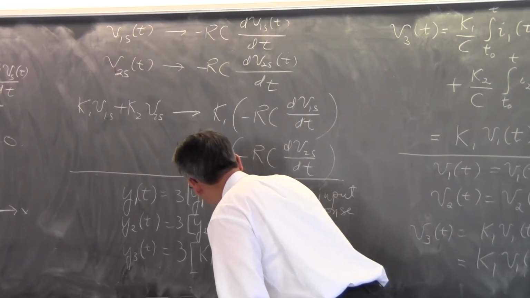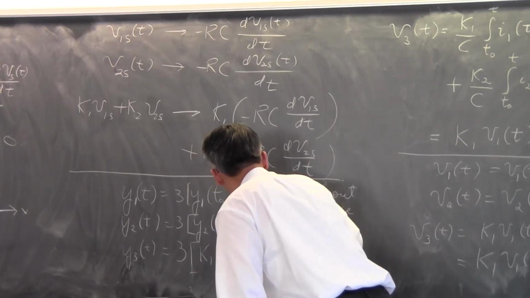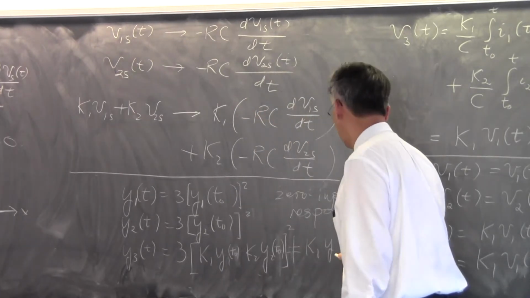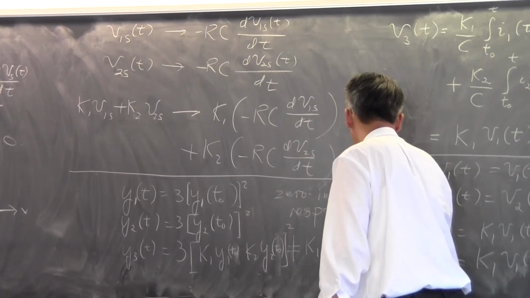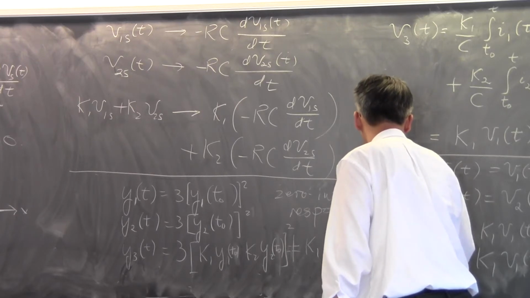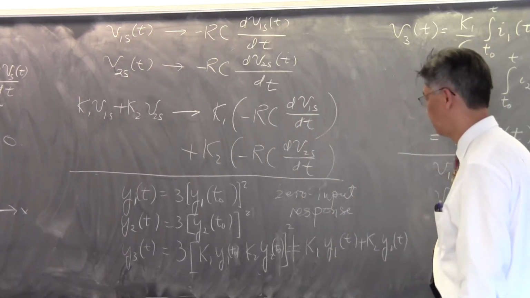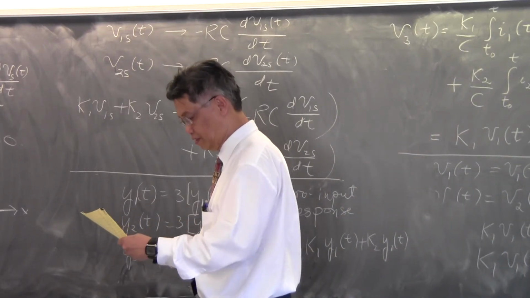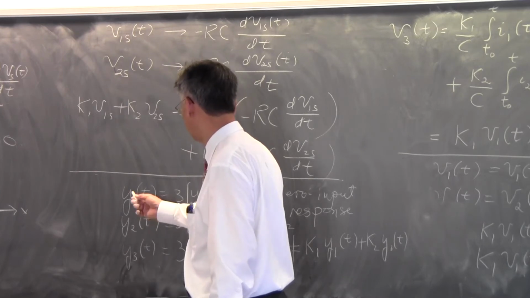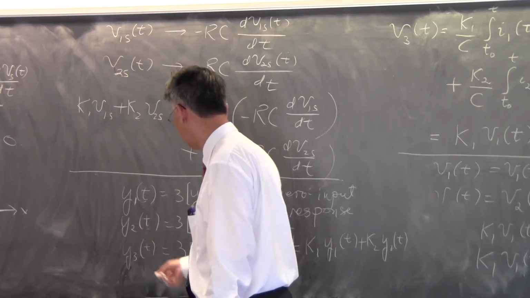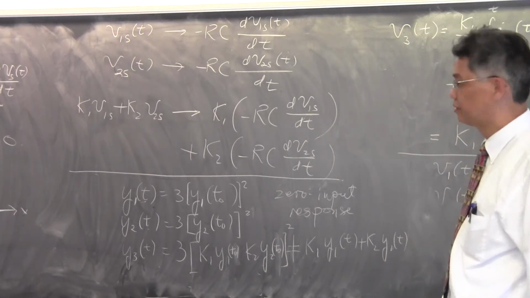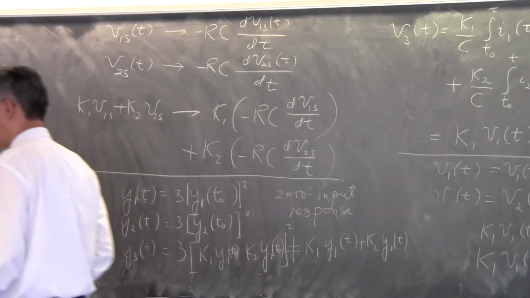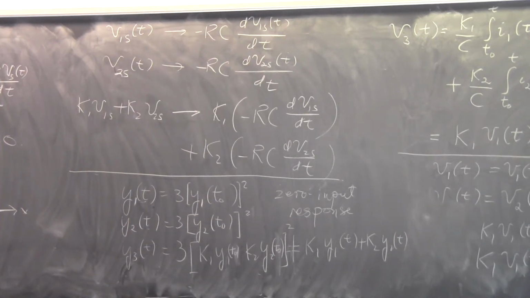To make things clearer, I should put this as t naught squared, and this is not equal to k1 y1 plus k2 y2. Okay, so linearity is not satisfied. This, in fact, is not a function of time, so I shouldn't write this as a function of time. These are actually constants. So if you look at this, this is not satisfied, and hence this does not satisfy the principle of linear superposition.